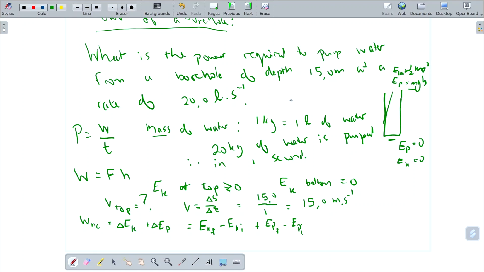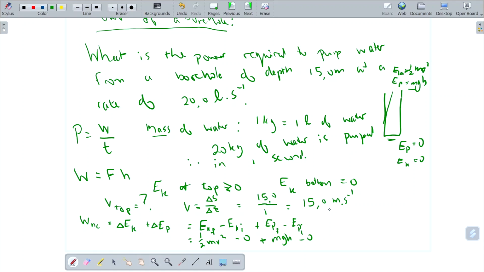Right. So we've got all the information. We must now substitute it in. We can therefore work out that our kinetic energy is a half mv squared minus 0, our initial kinetic energy is 0, plus mgh minus 0, because our initial potential energy was also equal to 0.